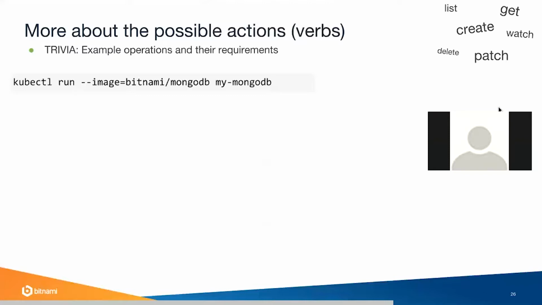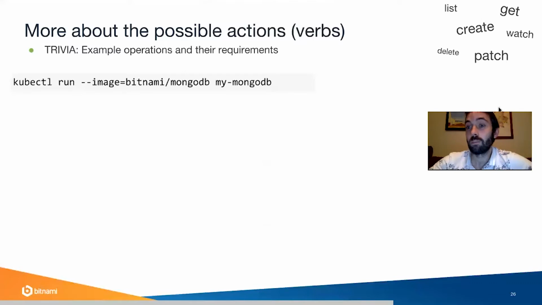One small thought: as you may know, when we use kubectl run, that creates a deployment, but it also creates a replica set, and it also creates pods, right? So what do you think we may need? Which resources do you think you may need?